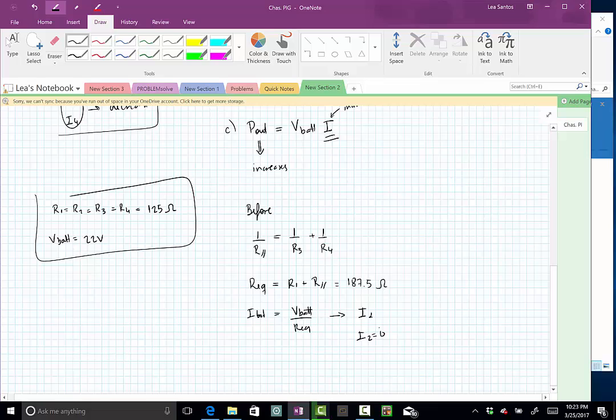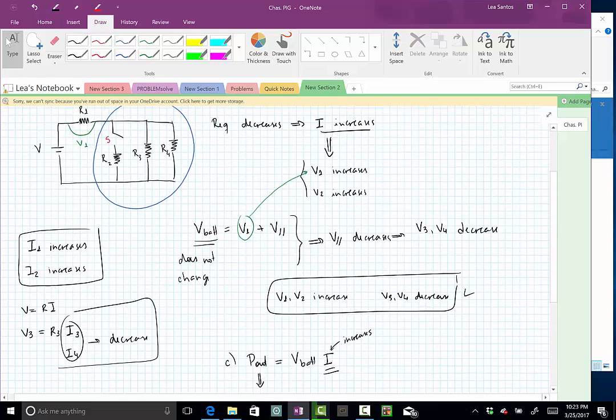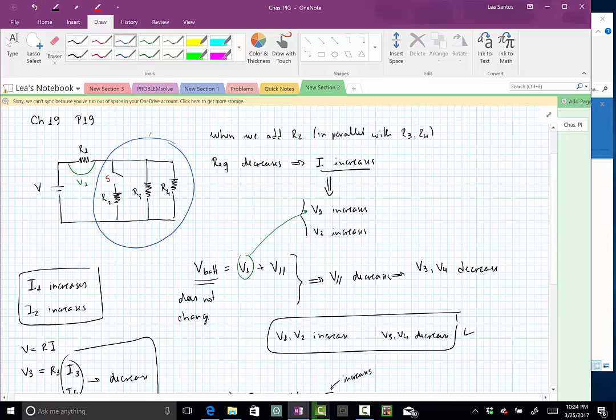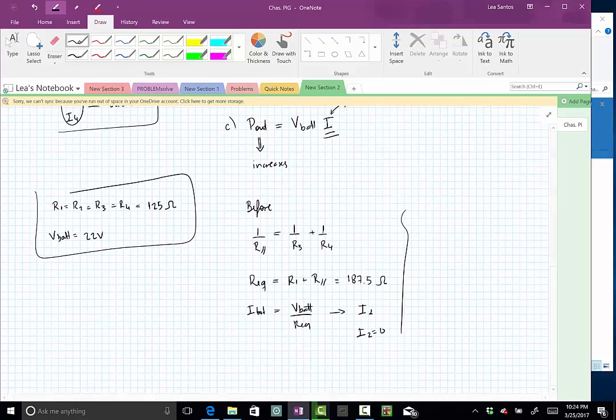And then we can also try to find the current that goes through I3 and I4. How do we do that? Well, we have to find out the potential difference for R3 and R4, right? We have to find the potential difference here. Okay, so what do we have? The total potential difference from the battery, which we know is 22 volts, is equal to V1 plus the potential difference in parallel. From V1 we can find this, which is just R1 multiplied by I1.